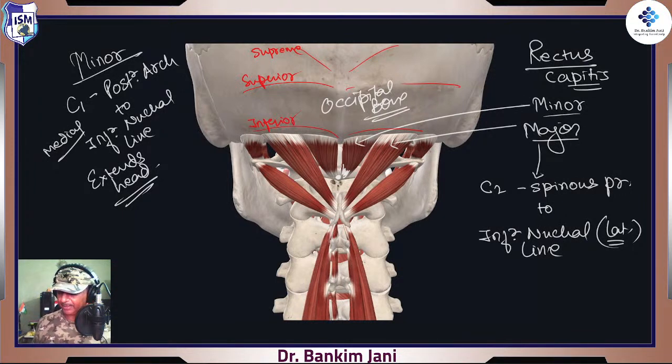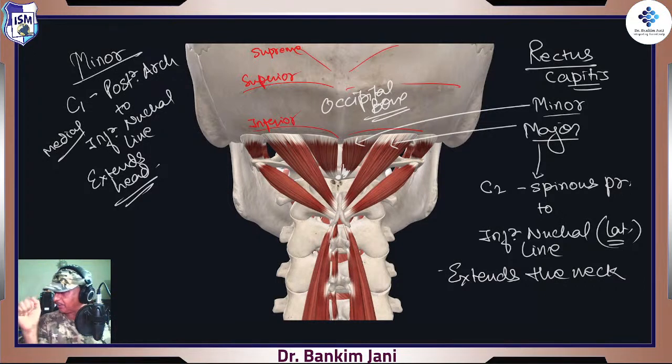Rectus capitis minor and major, they are done. What this major one will do, well, its size is bigger, right? So obviously it extends the neck more confidently, but because it is laterally attached, what happens when only one side contracts? It will lead to movement on the other side. That is what is called rotation, right? So when this side contracts, rotation on the right side.